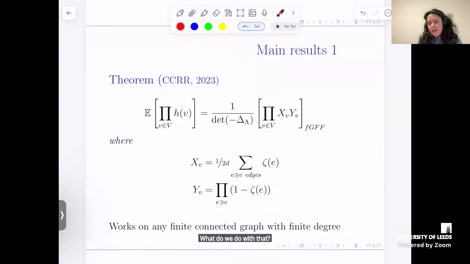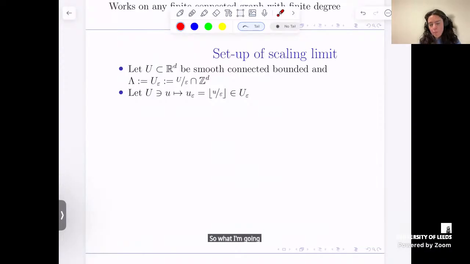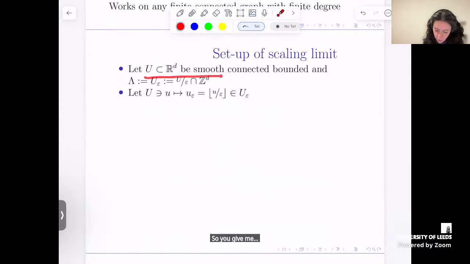So we have characterized height 1, and you may imagine that as probabilists, we would like to study limit theorems for these objects. So what do we do? Well, we try to scale the environment we're in. That's the setup of the scaling limit I'm going to present. You give me a smooth, connected, and bounded domain.